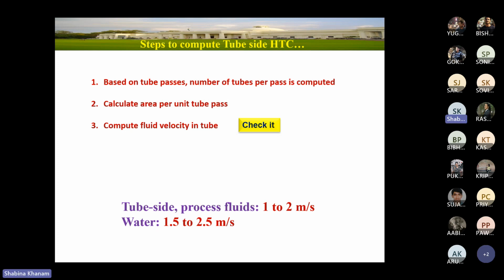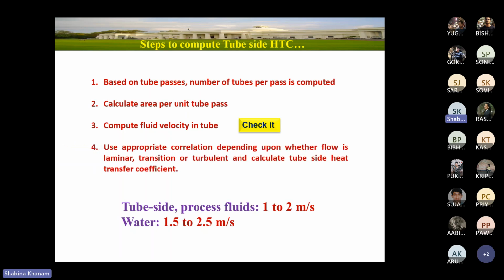So if you are considering 23, velocity will not be exactly double, just a slight variation you can observe in velocity. So all these points you need to consider. You need to bring the velocity into this range. After that you need to consider the appropriate heat transfer coefficient correlation and find out the heat transfer coefficient for the tube side. I hope you are getting my point.